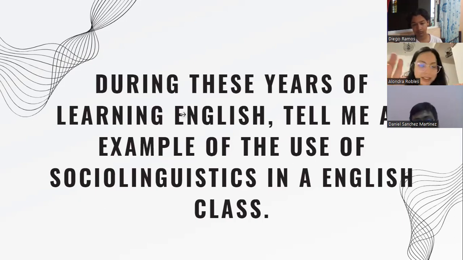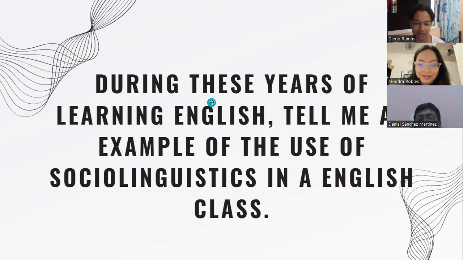Well, England is quite common because of the books that we're studying, but American English is the most common use, and that's a way to learn a lot of their sociolinguistic backgrounds and a way to understand a lot of things, because also most of the vocabulary we have is from the United States. So I don't know if my answer is clear, but in my mind it works like that.